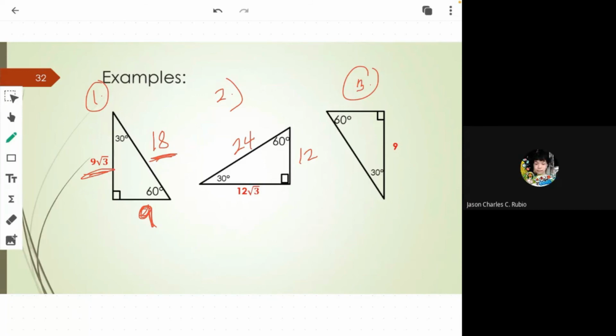Yung sa hypotenuse po, 9 square root of 3 po. Tapos yung shorter leg po, 18. Sure? Sige lang. Okay, another answer natin. Sige, while waiting.